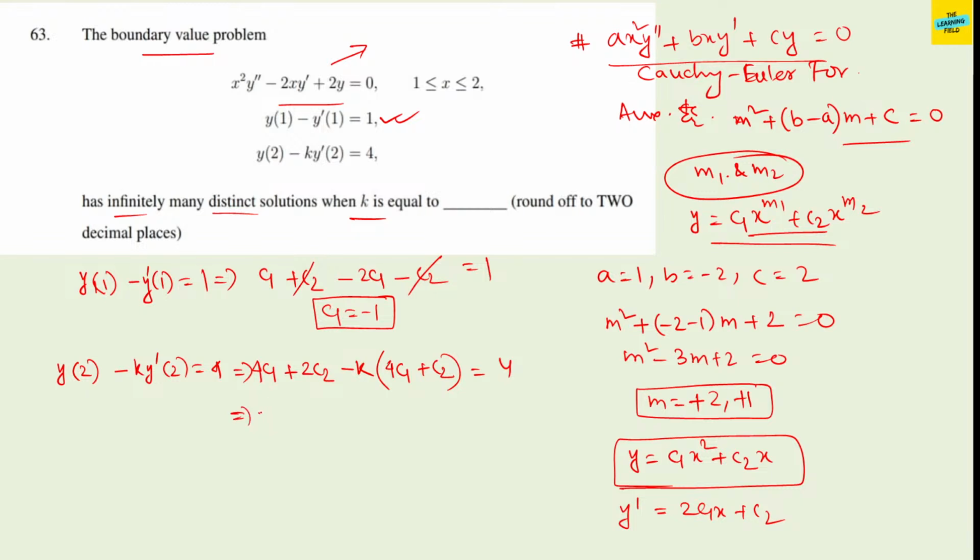So c1 value is -1, so -4 plus 2c2 minus k into (-4 plus c2) is equal to 4. Fine.